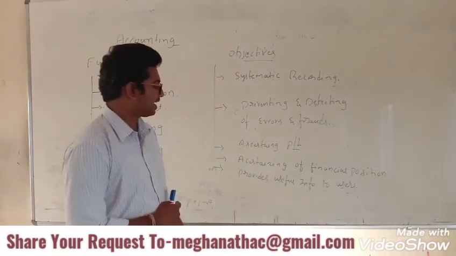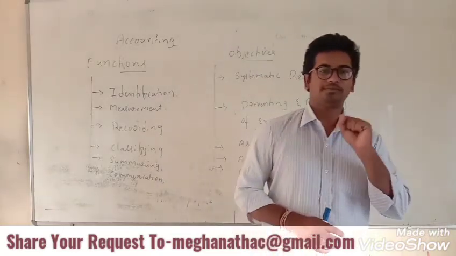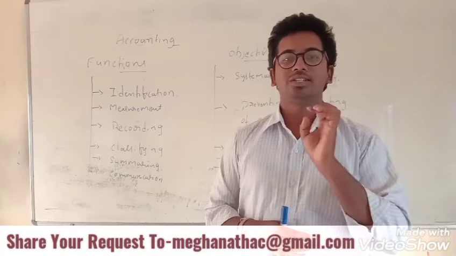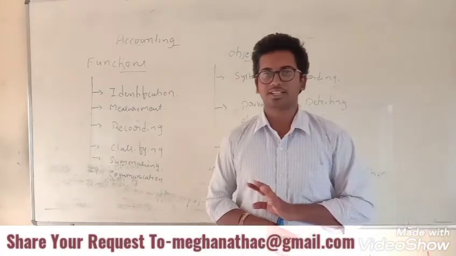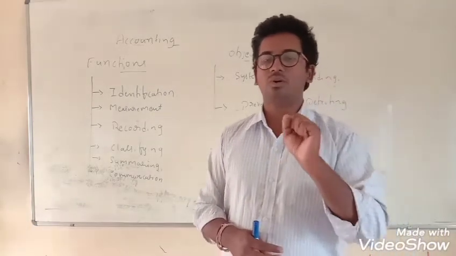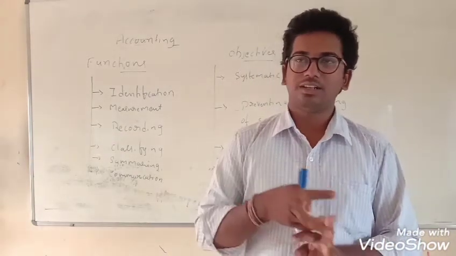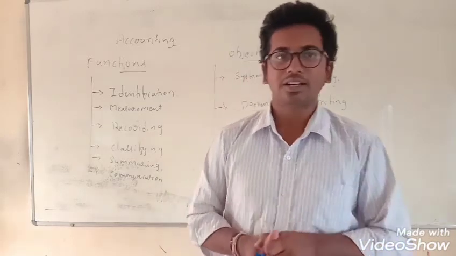And the last one you can see: provides useful information to its users. The main motto of the accounting system is to bring transparency to the activities of any business. So n number of people are going to look at that. For example, company owners, management, stakeholders, shareholders, public, government.